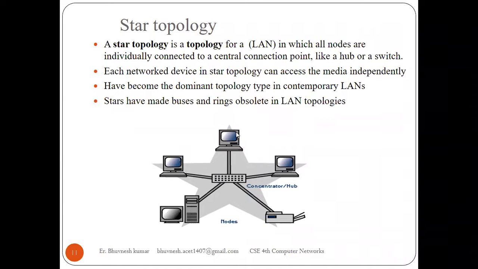Each network device in star topology can access the media independently, and the media is this one. Star has become the dominant topology type in contemporary LAN. LAN is your local area network, and this will be your dominant topology.